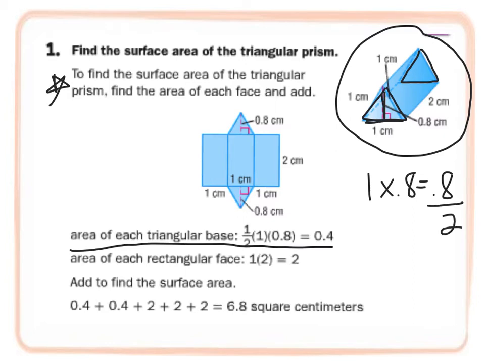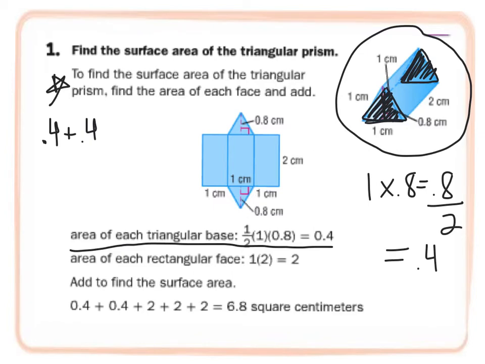I get 0.4 because it's just half of 0.8. So the area of one triangle is 0.4. I have two triangles with the same dimensions, so I have 0.4 plus 0.4. Okay, I've done my triangles.